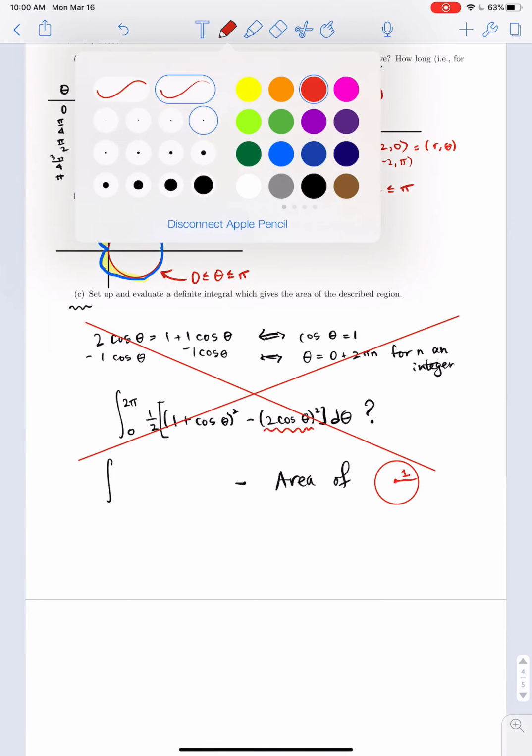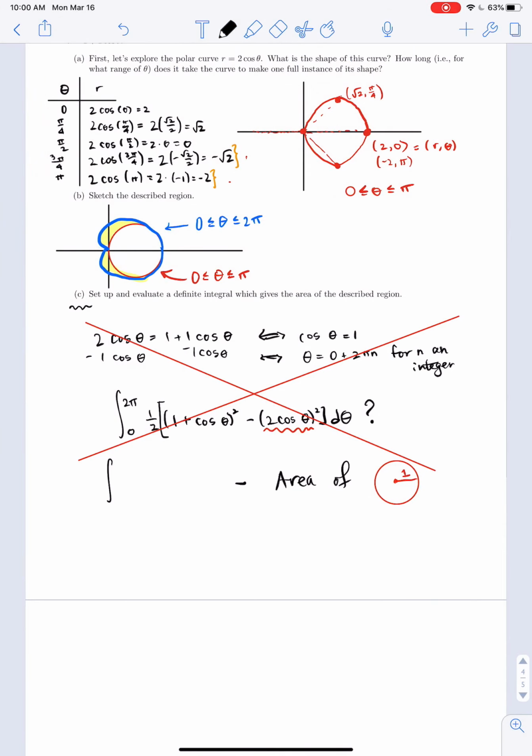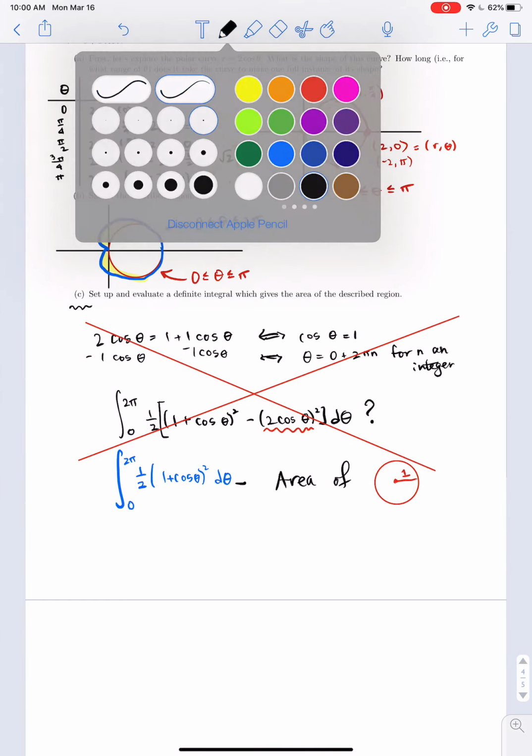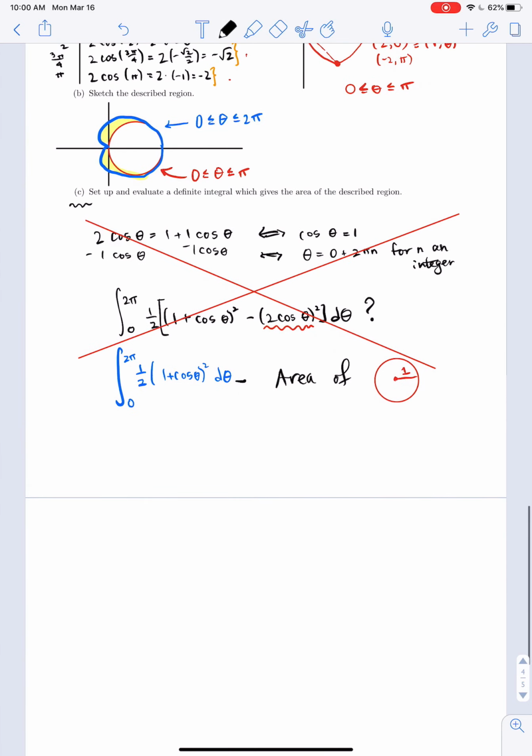Okay, so then we would simply be finding the area inside the blue cardioid that needs to go from 0 to 2 pi to complete its entire rotation. 1/2 integral of 1 plus cosine theta quantity squared d theta, and then we'll be subtracting the area of a circle of radius 1 since the entire thing lies inside of that cardioid.